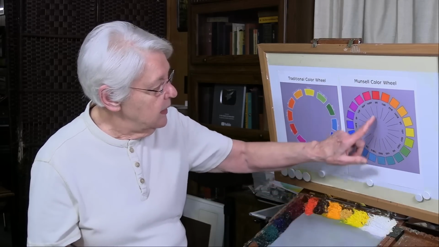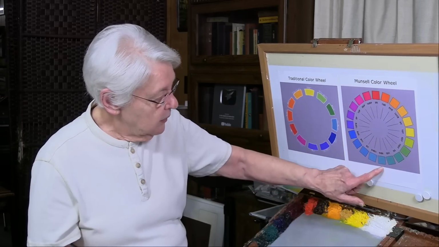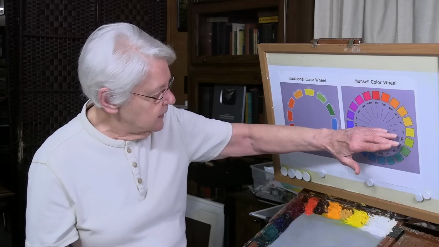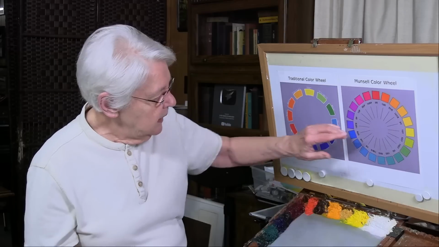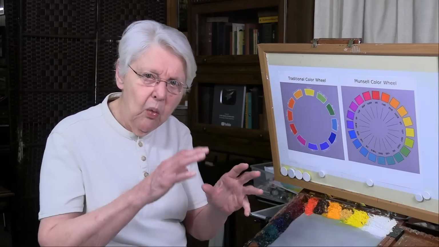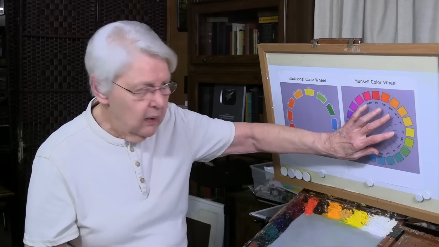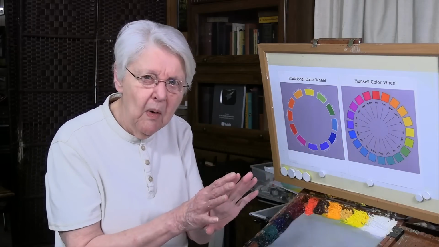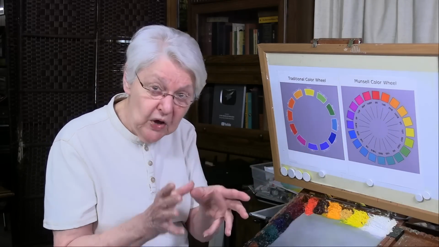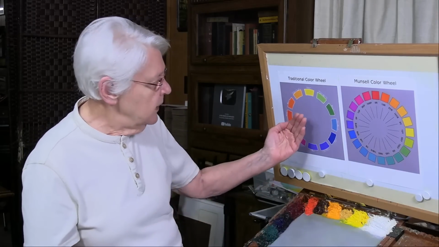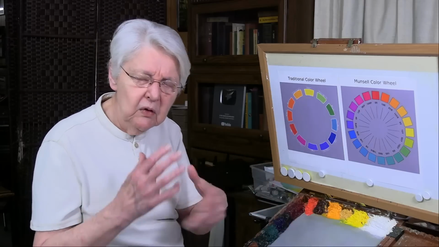One example here is the red is right across from blue-green. Now, in some cases they may accidentally bump into each other, like yellow to purple there, but the whole wheel is not arranged that way. The wheel is arranged to be able to form those notations. Now, this is the traditional wheel that grew out of Newton's system.